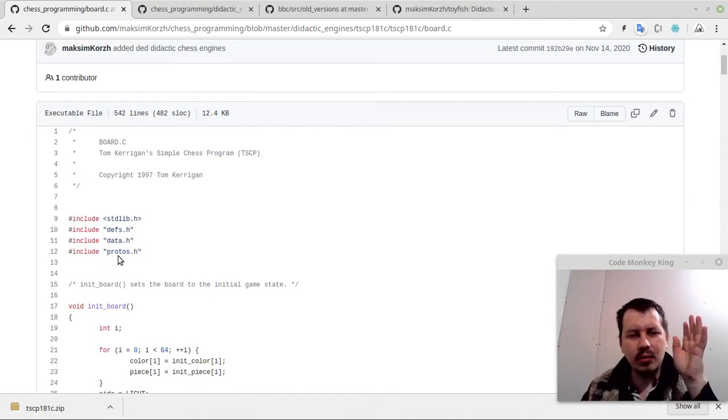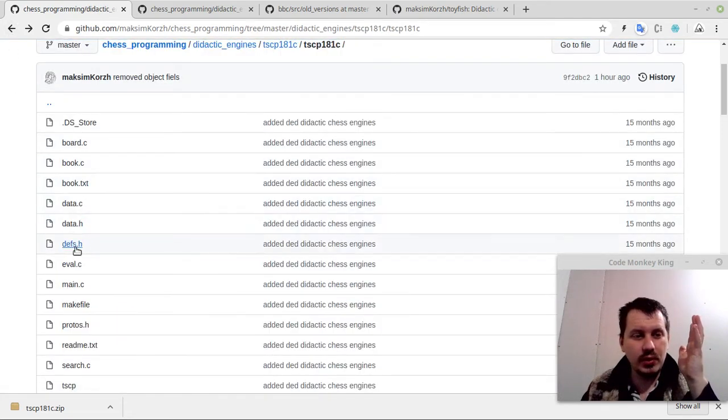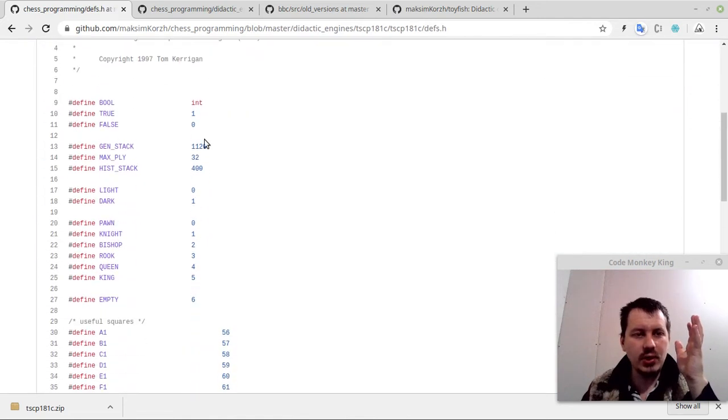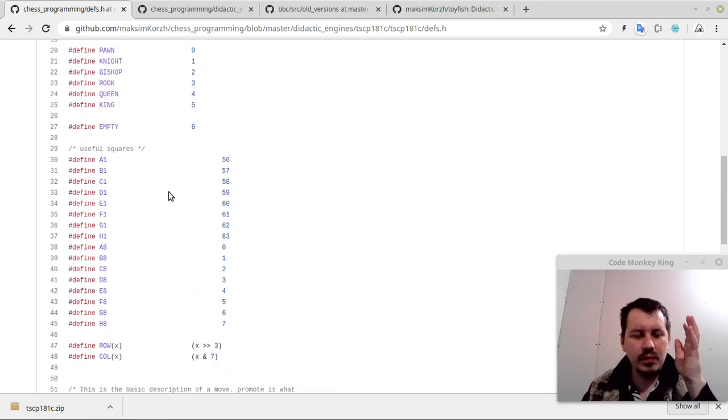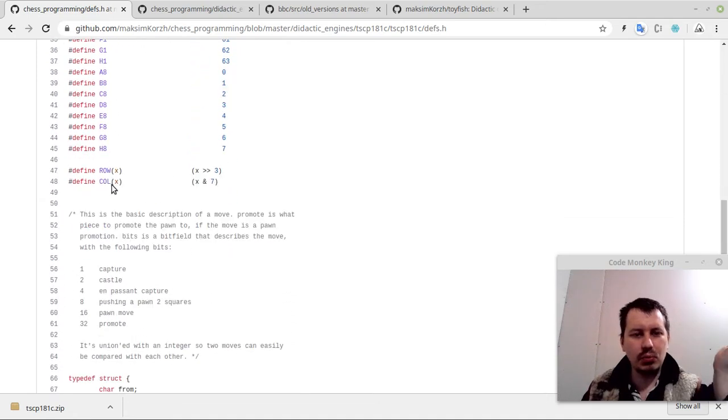So we have only a few headers here, and we can already say, okay, let's go for, for instance, defs.h, right? So definitions, and we see we have some constants, uppercase letters. So far so good, fantastic. And now it gets really clear.